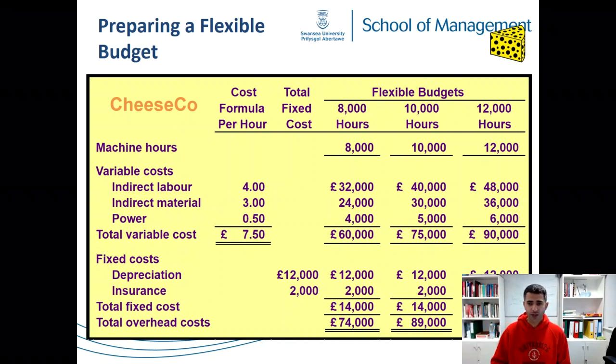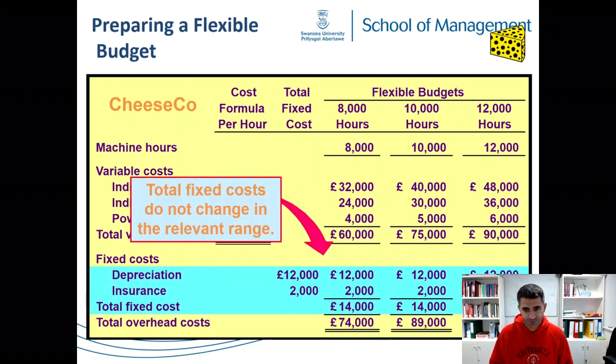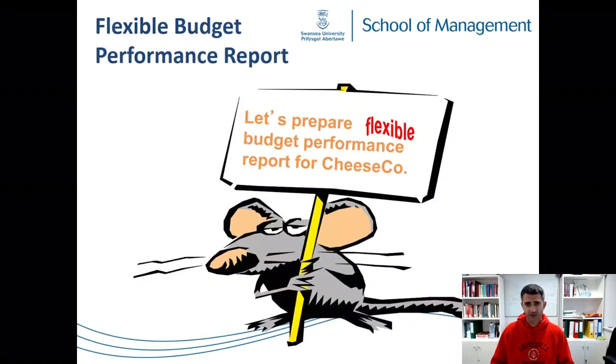And insurance is again the same. As I mentioned, they do not change in the relevant range of activities. And now let's prepare the flexible budget.